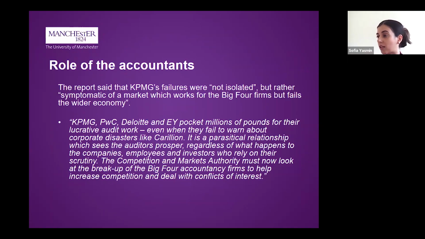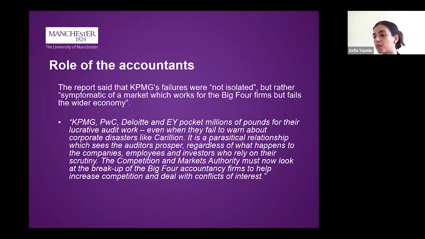One of these reports looked at, in particular, KPMG's failures as the accounting firm auditing Carillion. It found that the failures were not isolated, but symptomatic of a much wider concern in the market, where this government report suggested that the big four firms were failing the wider economy.